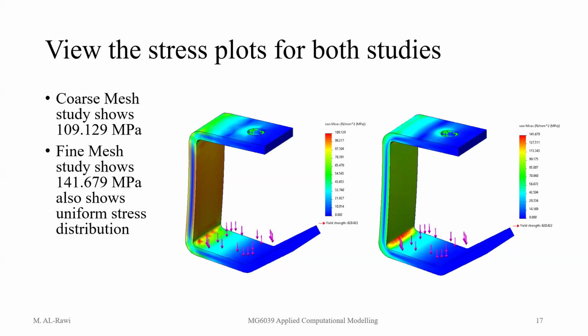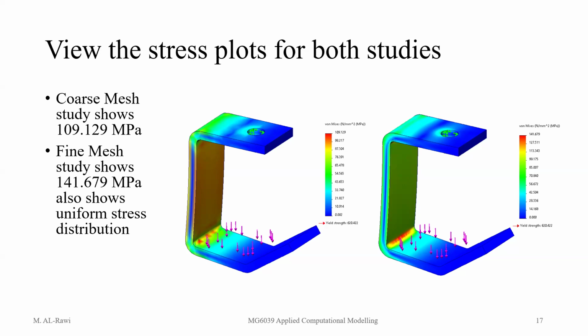Now do the run for the coarse mesh as well. That shows that if I use a really not-so-good mesh, I could get a real difference; between 109 and 141 is a lot. For my design, I need to be more accurate, because if I'm giving this to the industry, they may say, you told us this bracket is safe for 900 newtons, but with your design I still have flexibility, I can add another 100 newtons to make it 1000, and then the bracket will break down for them because they thought 109 was the maximum.